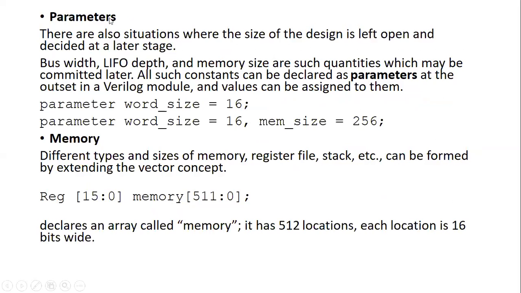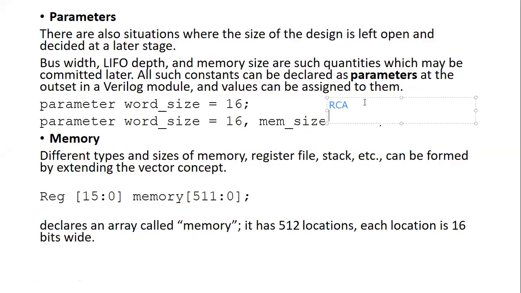Next is parameter. Parameters are similar to global constants that you use in C. Sometimes the variables have to be globally declared because you cannot keep on editing in the program. In such cases you can declare the variable as a parameter. Suppose I take an example of a ripple carry adder.